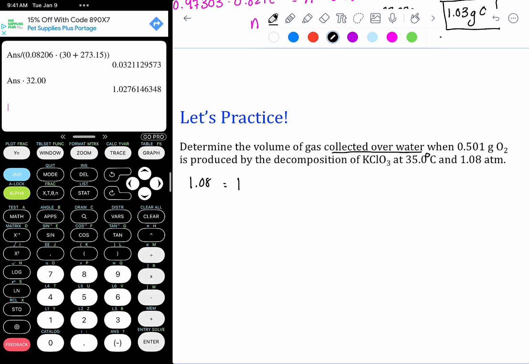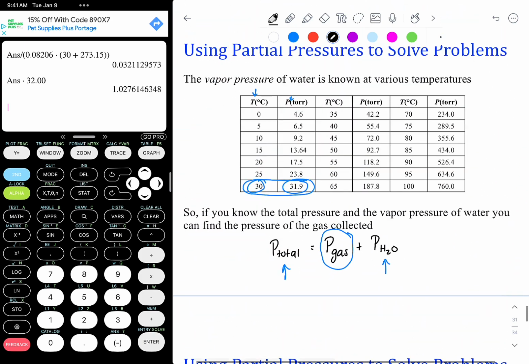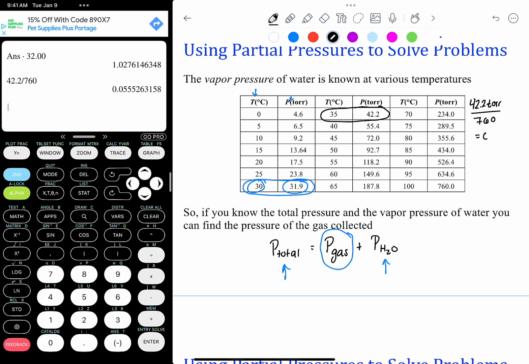We want P gas, so we need to find the vapor pressure of water at 35 degrees Celsius. Water, 35 degrees Celsius, we have 42.2 torr, which we're going to divide by 760 to get atm. So 42.2 divided by 760, just like we did in our previous example, is 0.0555 atm.